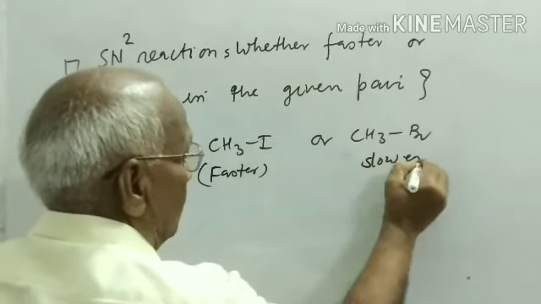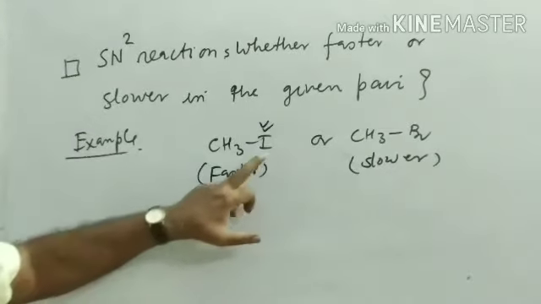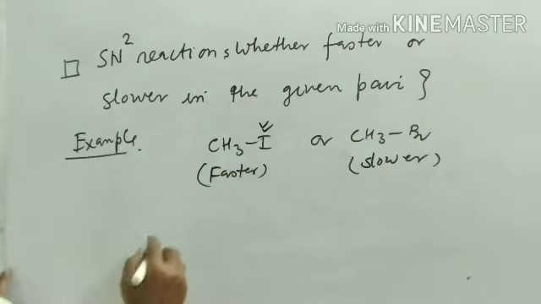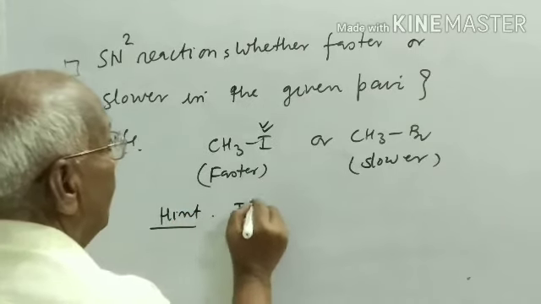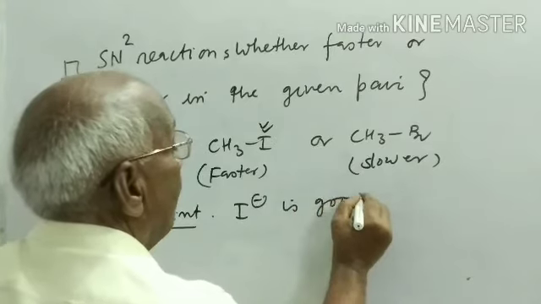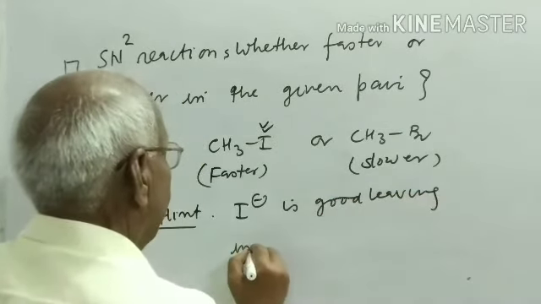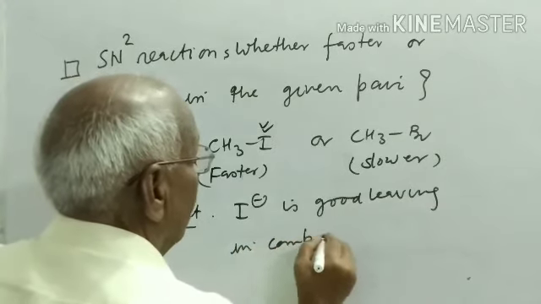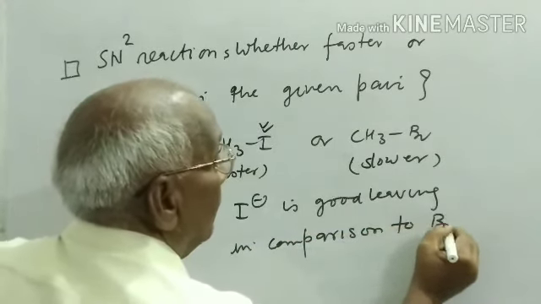So the answer is this one. The reason is iodide is a good leaving group in comparison to bromide.